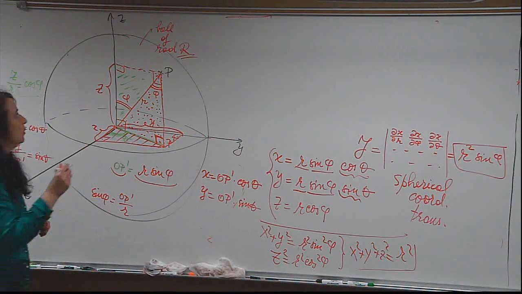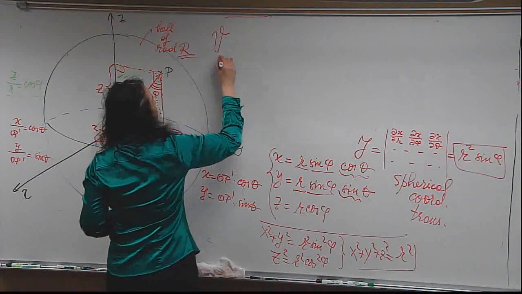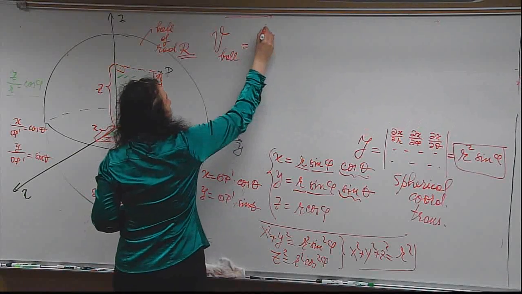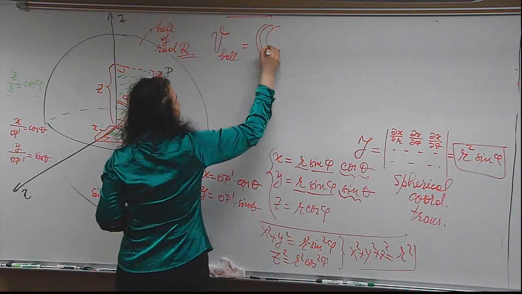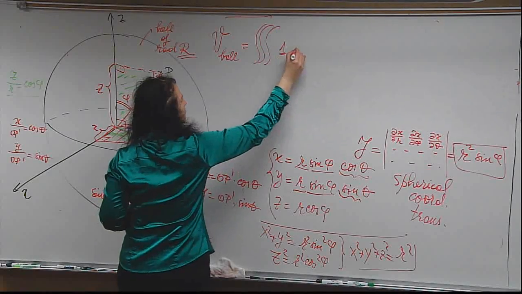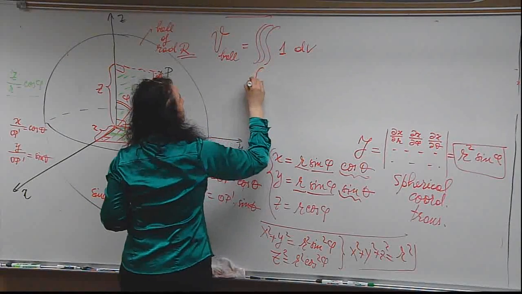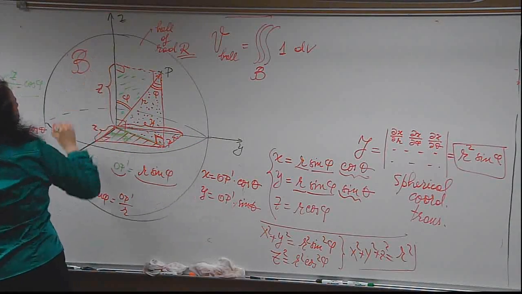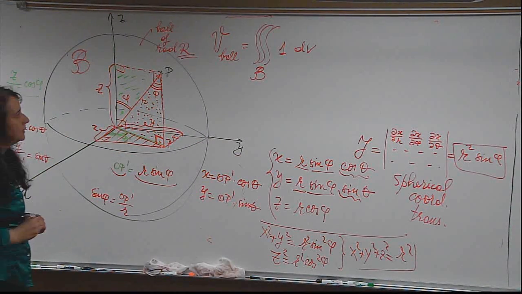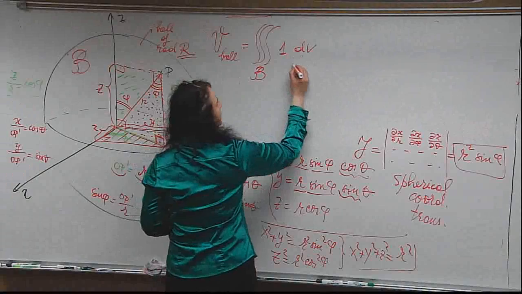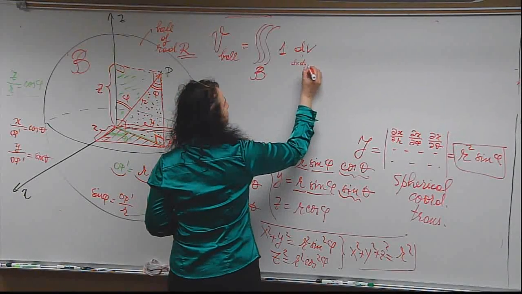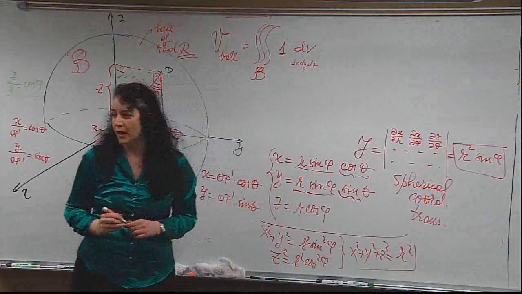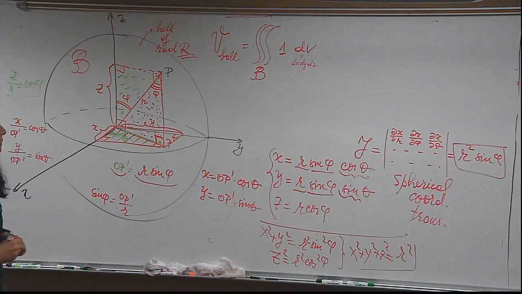So what is the volume of the ball? I can write a triple integral of 1 dV over the ball B. Let's call this ball B. And that will take care of this dx dy dz, right? That's the first formula. I cannot use it. It's going to be a mess.